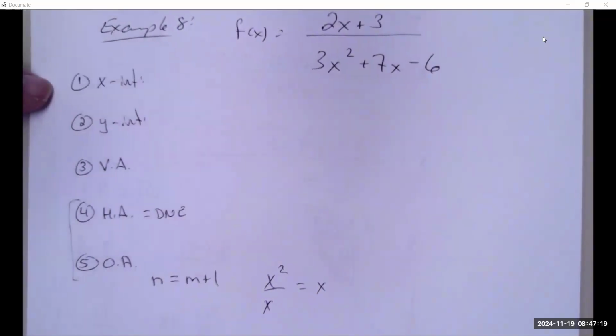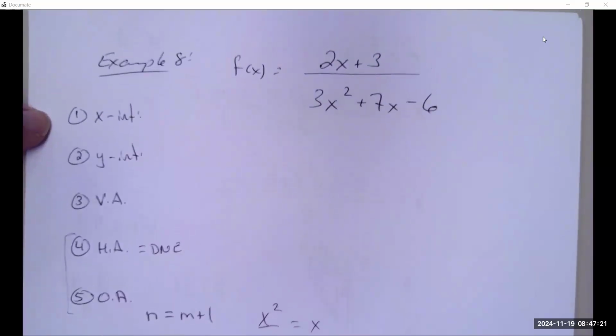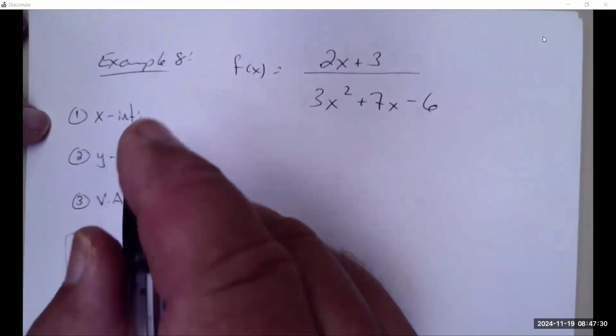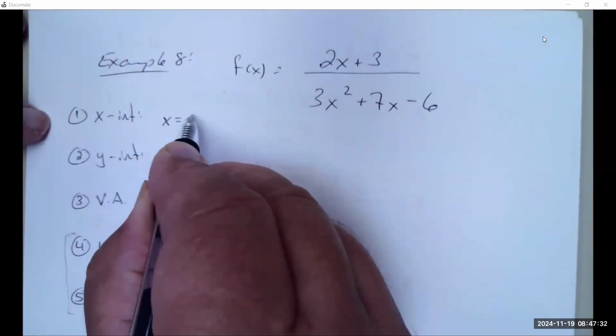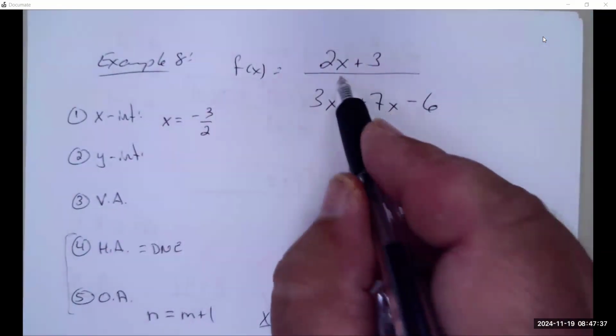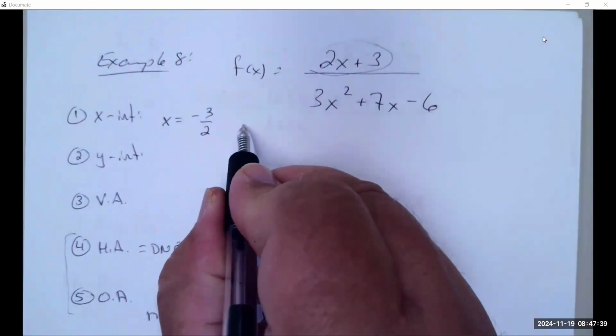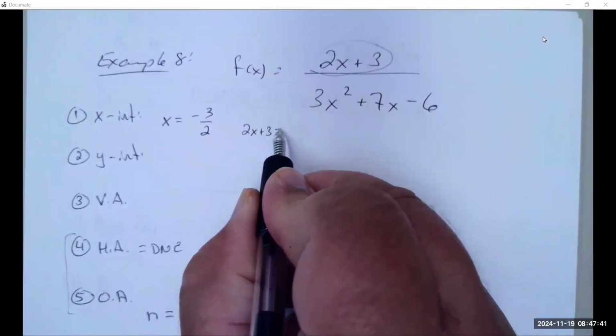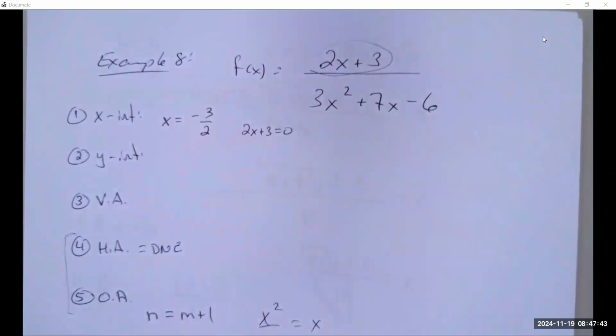So what's my x-intercept? Take the top, set it equal to 0. Negative 3 over 2, right?